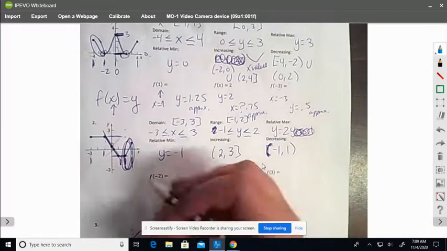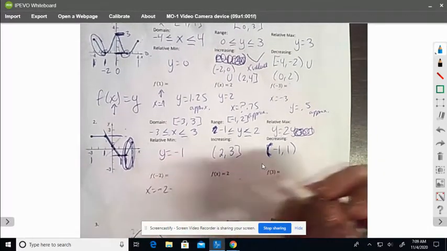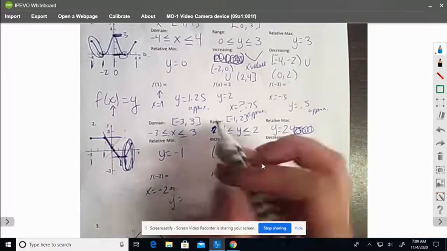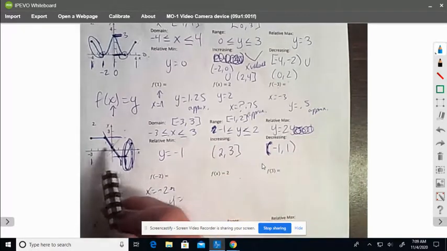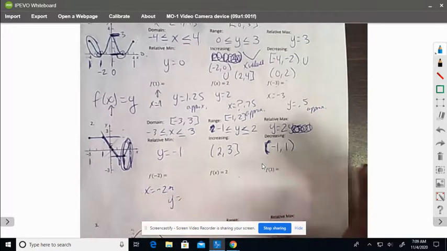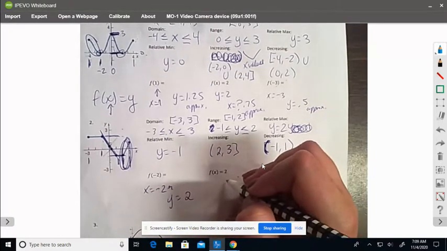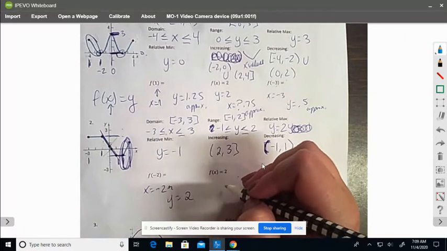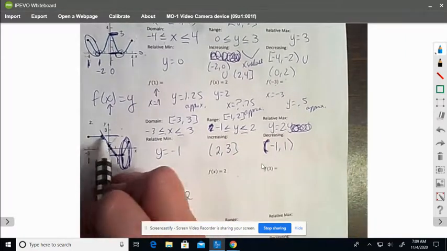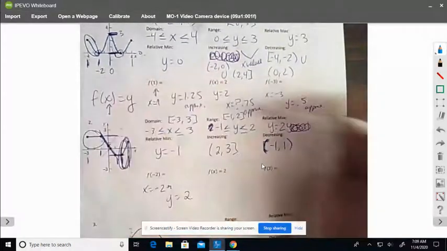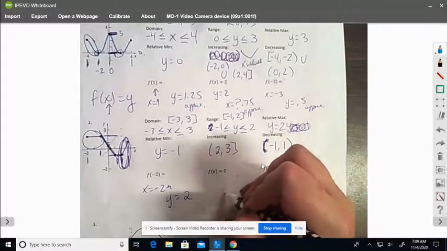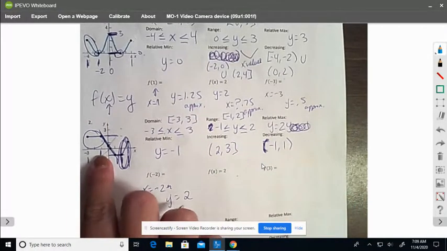They're asking me here, when x is -2, what is y? When x is -2, I have a y of 2. This is saying when y is 2, what is x? Well, when y is 2, x could be anything between -3 and -1.